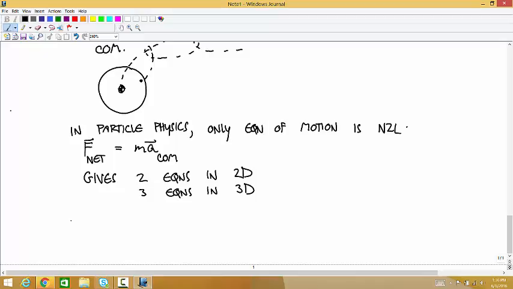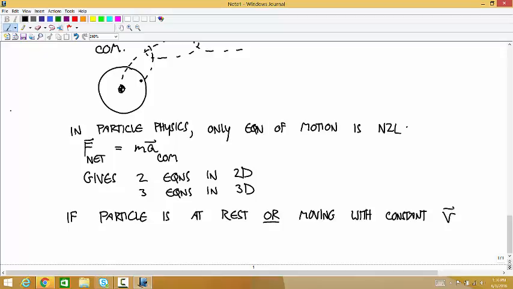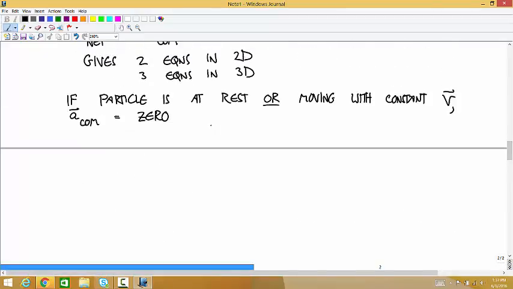In the static case, if the particle is at rest, or if the particle is moving with a constant velocity, then the acceleration of the center of mass is equal to 0. That's what we call equilibrium.